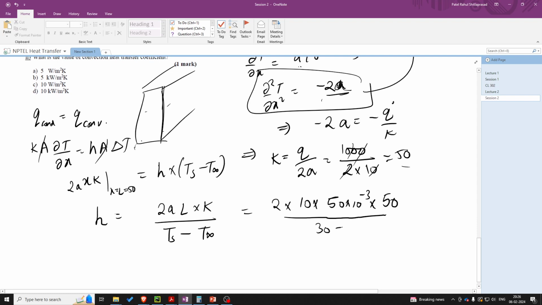So 30 minus 20 will become 10. So this cancels out. 5, 5, 25, 5, 25 to 5. So this will come around 5 watt per meter square Kelvin. So that is option A.